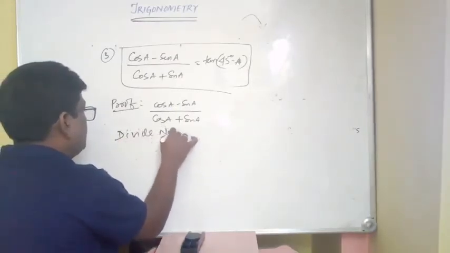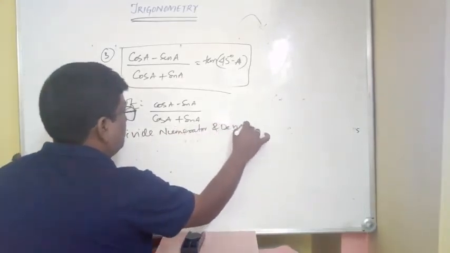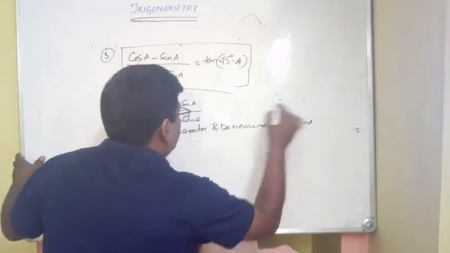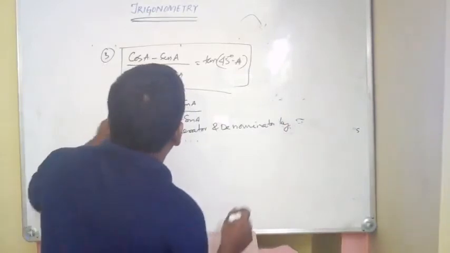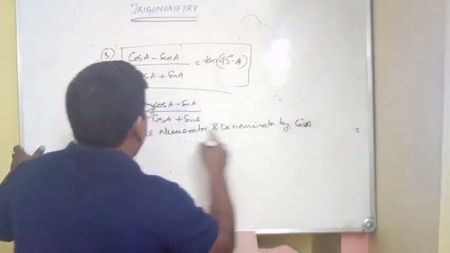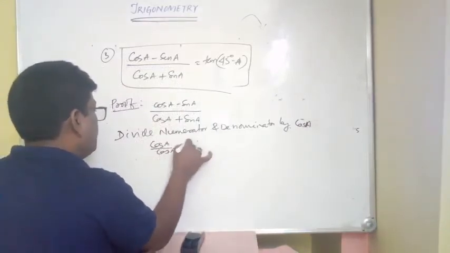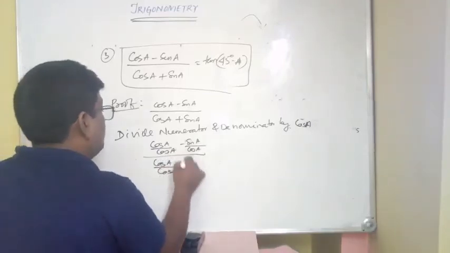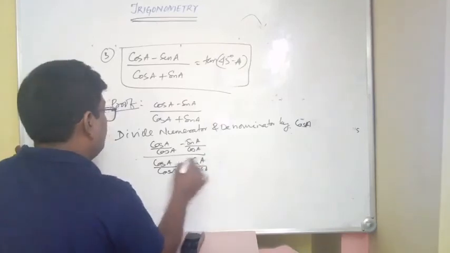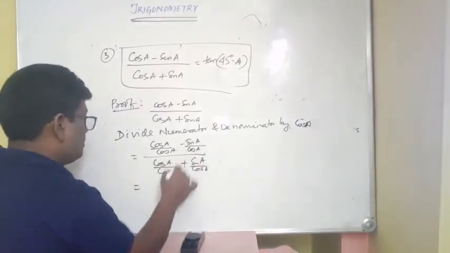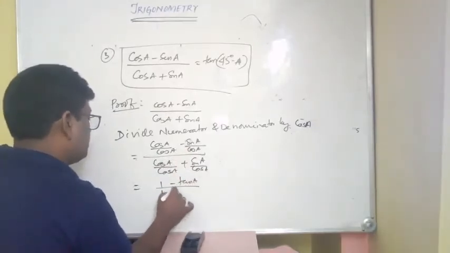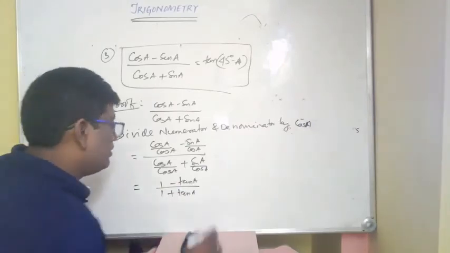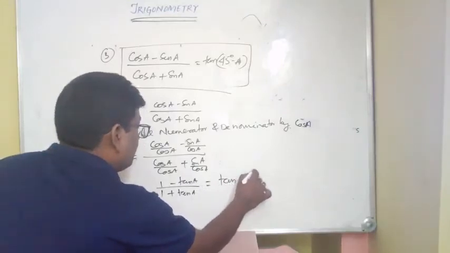Divide numerator and denominator by cos A. So this is cos A by cos A minus sin A by cos A. Similarly, denominator cos A by cos A plus sin A by cos A, which is equal to, cos A by cos A means 1, this is minus tan A, 1 plus tan A. This is which formula? (1 minus tan A) by (1 plus tan A) is equal to tan(45 degree minus A).